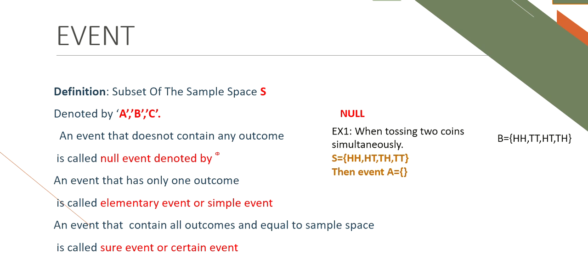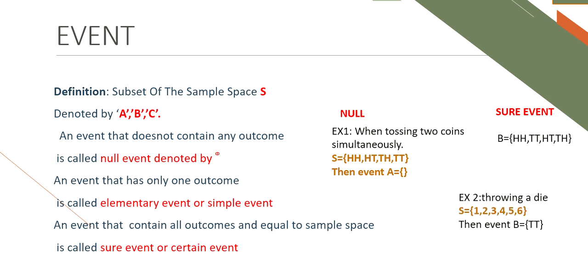I've taken B. B is an event here. Whatever is there in this sample space is there in B also. Then what kind of event is it, whether null, elementary or sure event? Any guesses? Yes, it is a sure event. That means it contains the complete set, it looks exactly like the sample space.